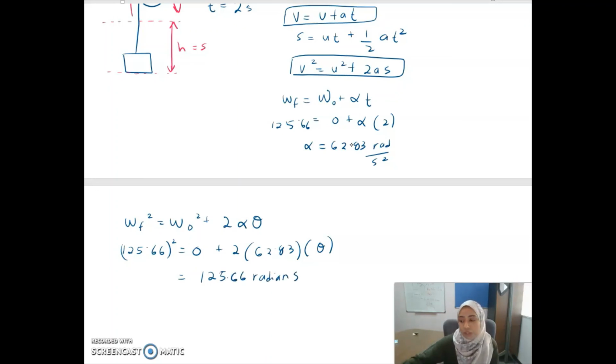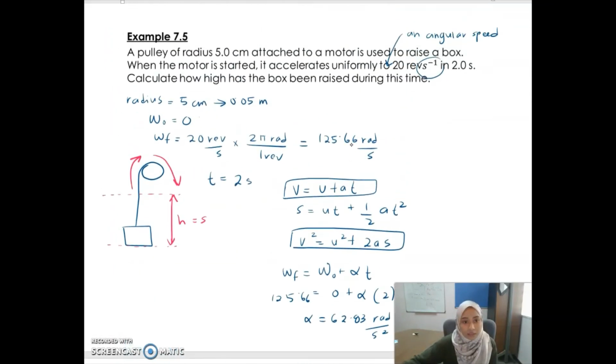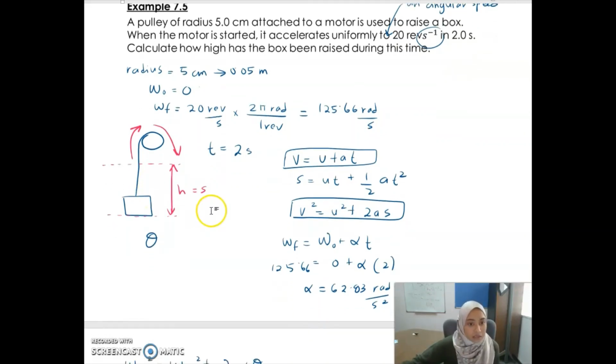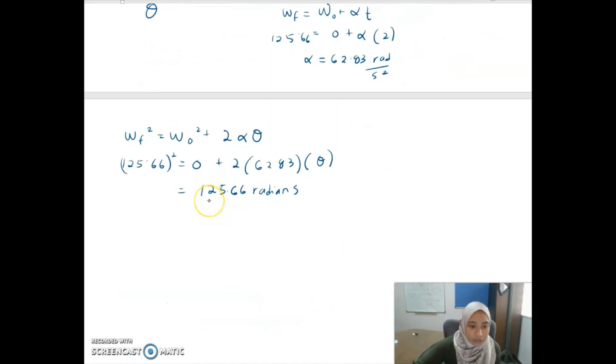So now it's asking you what is the height, right? The question is asking you to calculate how high the box has been raised. So if I know what my angular displacement is, if I know what my theta is, I can know what my s is. And my s is my h. Sorry, this is my theta.